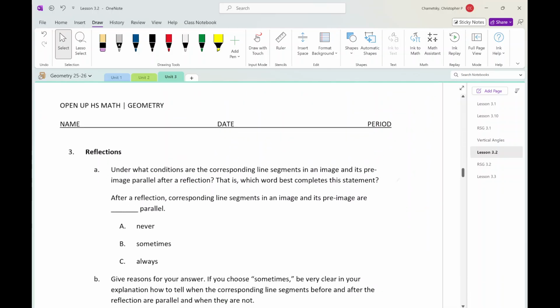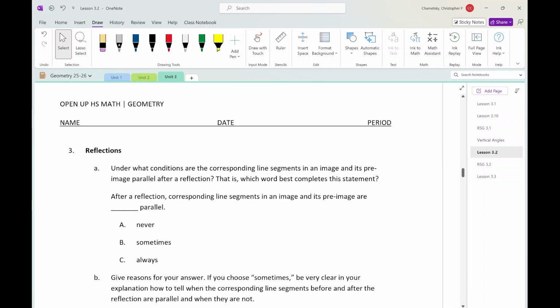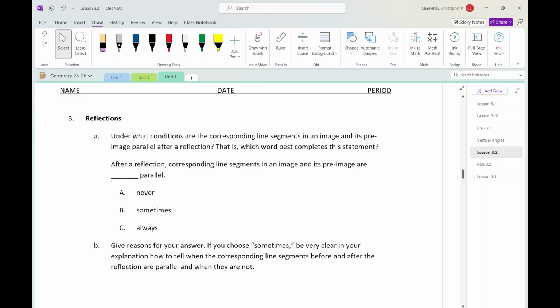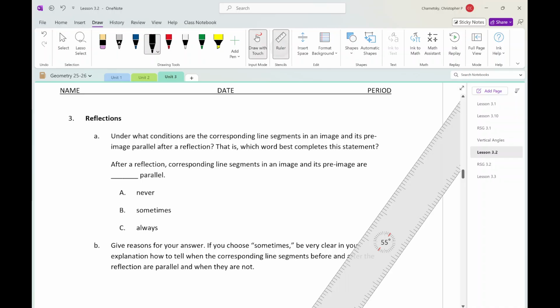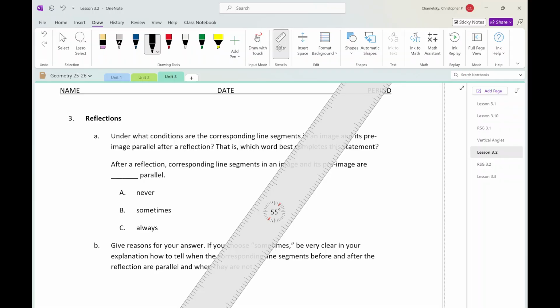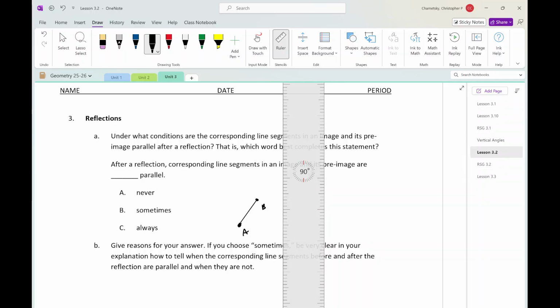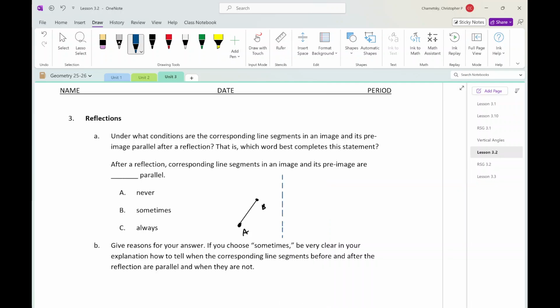Last one, reflections. Under what conditions are the corresponding line segments in the image and pre-image parallel after a reflection? So after a reflection, well, let's see. If I take a segment and we do some sort of reflection over some line here, well, we have to be equidistant and perpendicular to that line of reflection.